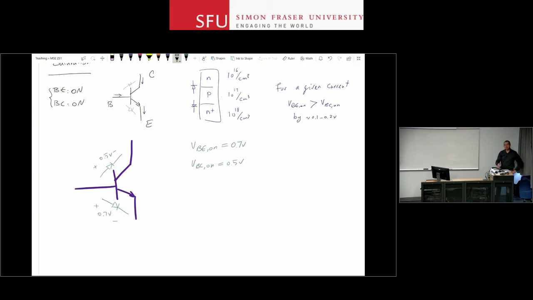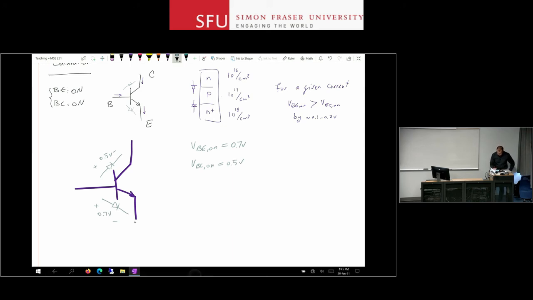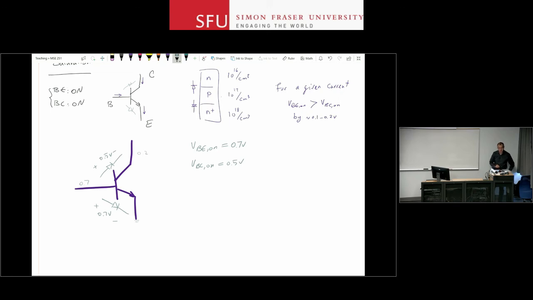If you go around this device and do your calculations, you can make your life a bit easier by connecting this to ground, assuming this is ground, and calculate VB. If this is 0, this is going to be 0.7 volts. If this is 0.7, you go here and this is 0.2 volts. I may have said it a bit too quickly, but convince yourself that if both of these diodes are on, this voltage here, VCE, is around 0.2 volts.